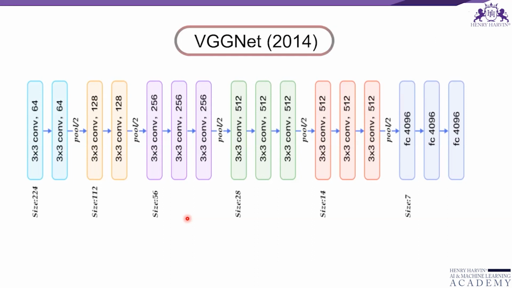The most obvious improvement of VGGNet is to reduce the size of the convolution kernel and increase the number of convolution layers.